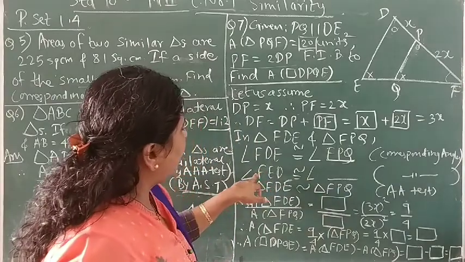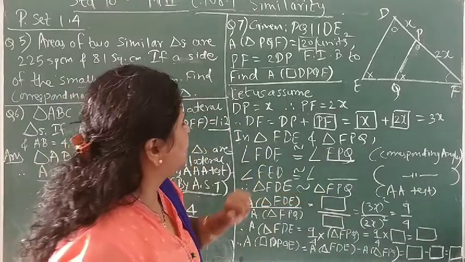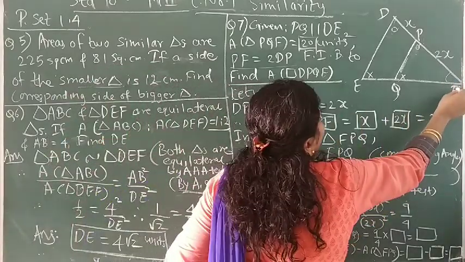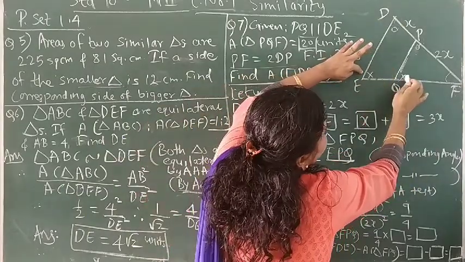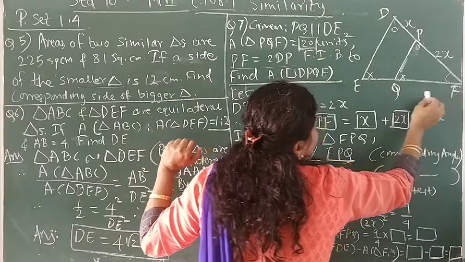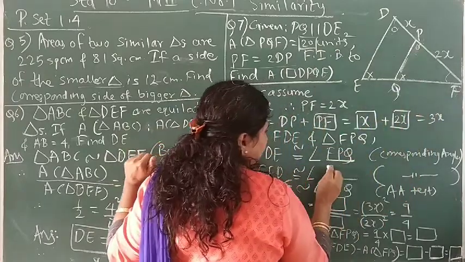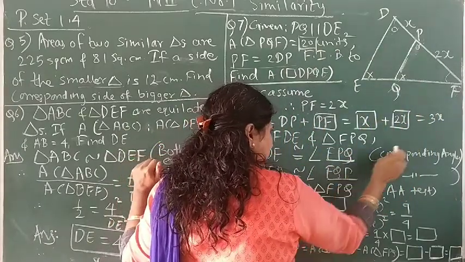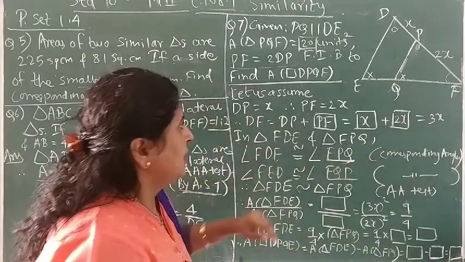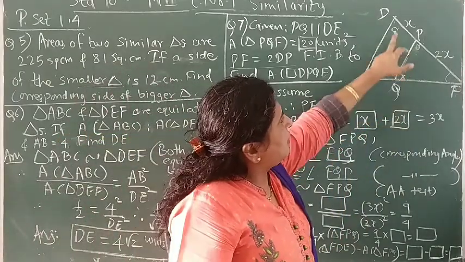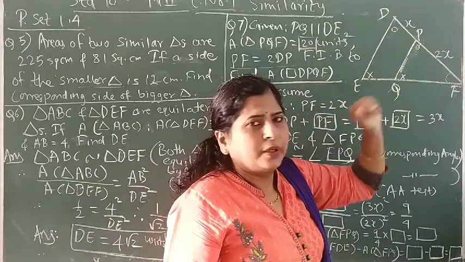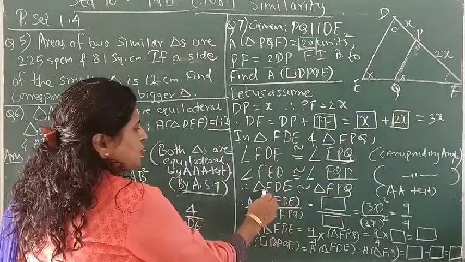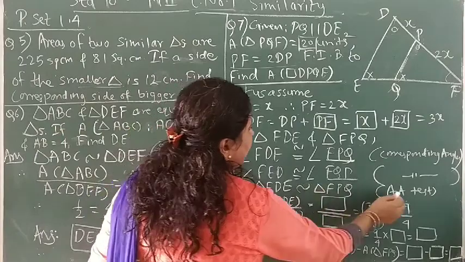So now angle FED is congruent to which angle? Where is FED? So this is the angle. This is congruent with this Q. So we should write angle FQP. Reasoning is already given, corresponding angle. So out of these three angles, they have chosen the pairs of corresponding angles, not the common. Okay, fine, no problem. So these two triangles are similar by AA.